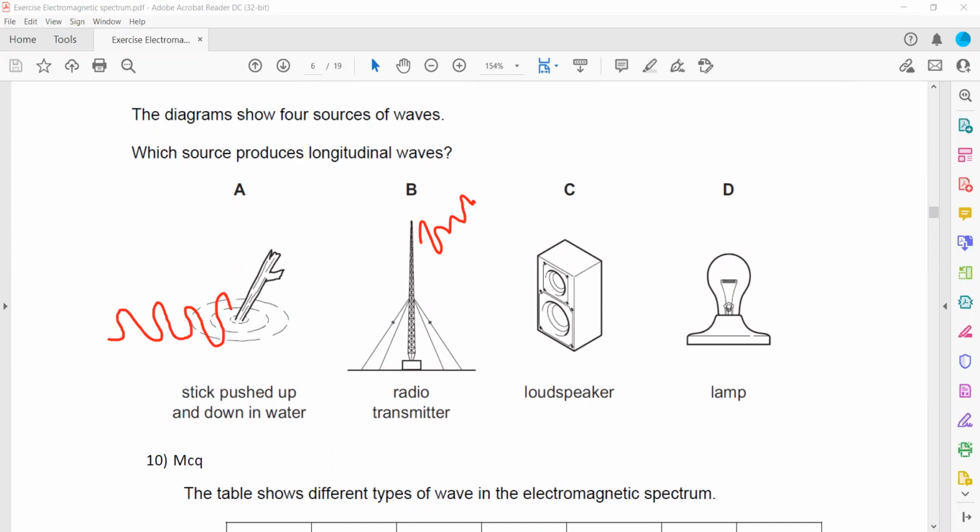Sound from a loudspeaker produces vibration of the particles, and that vibration is parallel to the direction of the wave. And light waves are transverse in nature. So option C is the right answer, in which the particles vibrate parallel.